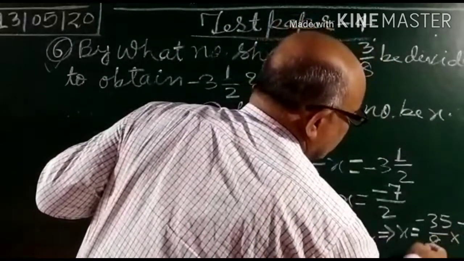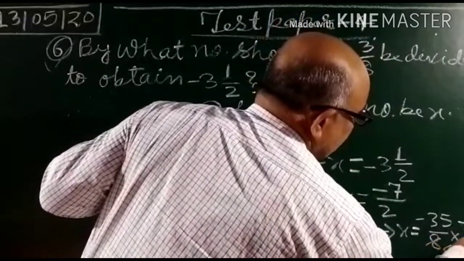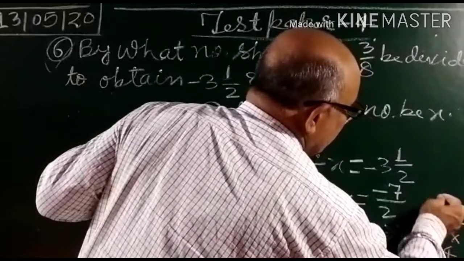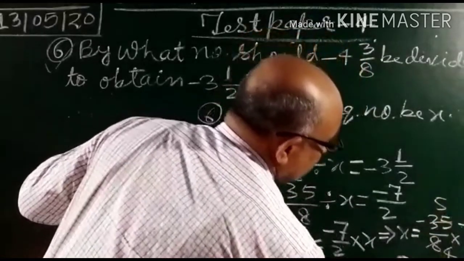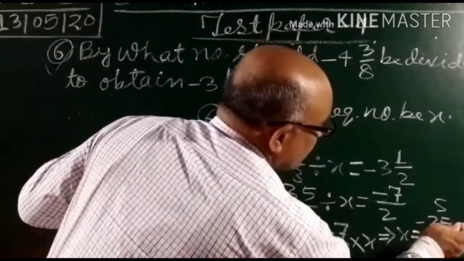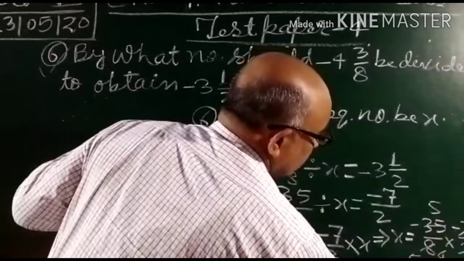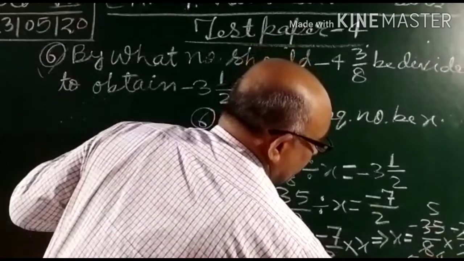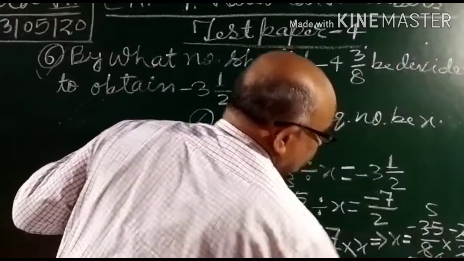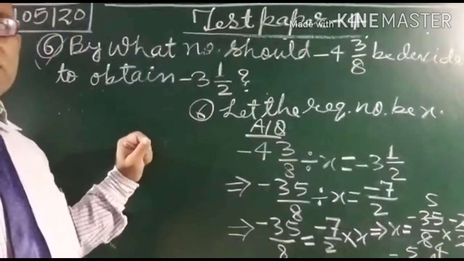So 2 4s are 8 and 7 5s are 35, equals minus into minus plus, 5 by 4. 1 4 is 4, 5 by 4. Answer. Write this.